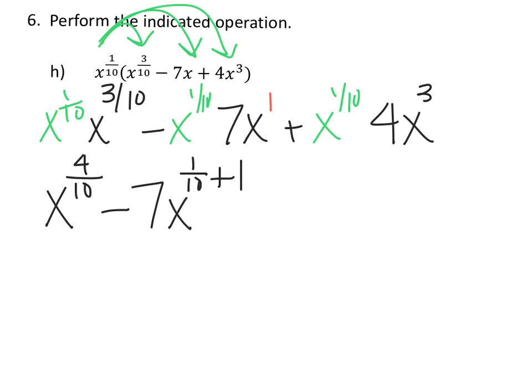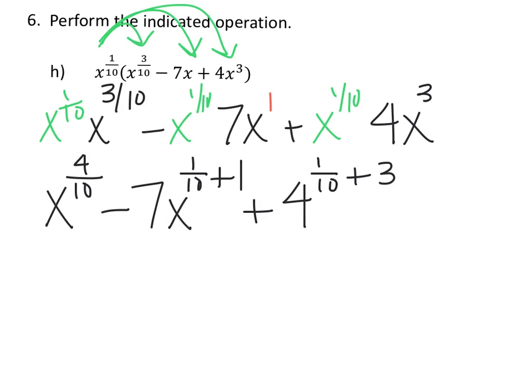And then over here, the last one, we're going to keep that 4 coefficient. And again, we're multiplying x to the 1/10 times x to the third, because remember that multiplication is commutative, so we can change the order around and still get our correct answer. So we have the same base x and x, so we're going to add the exponents. 1/10 plus 3.